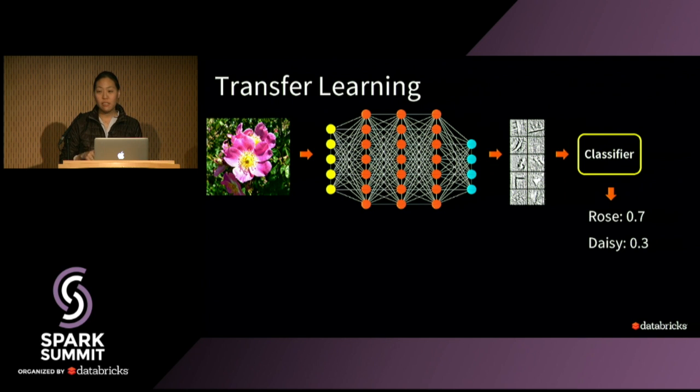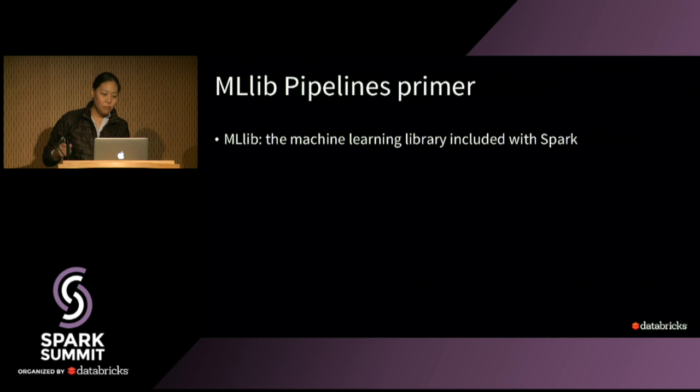And to talk about how this is implemented or provided in deep learning pipelines, we need a little bit of an MLlib pipelines primer. So MLlib, for those who are not familiar with it, is the machine learning library inside of Spark, included in Spark. And there are two core concepts here. One is transformer, and the other is estimator.